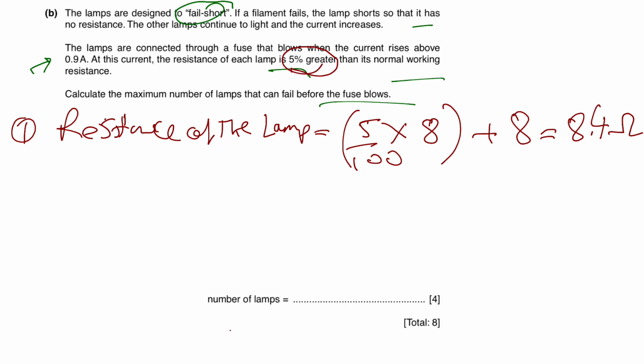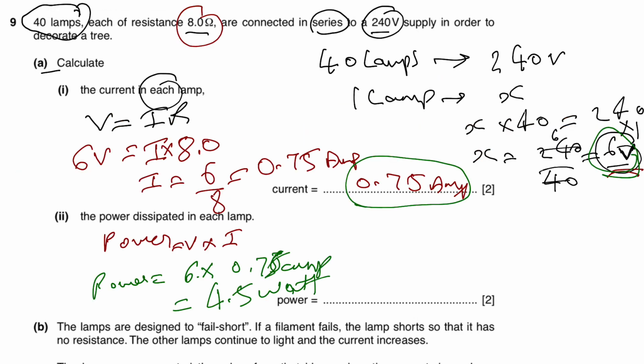Now the second thing, the total resistance. For finding total resistance, we know the voltage is 240 volt, as you can see in the question.